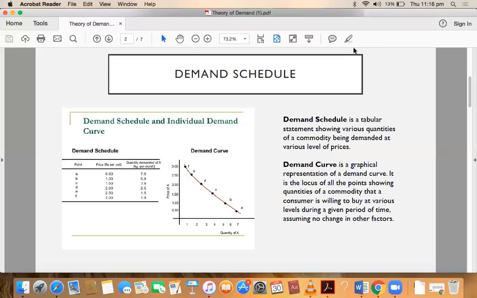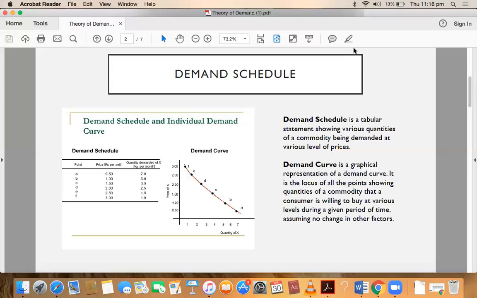And in this way, we will go further and will put the points on the graph. And at the price of rupees 3, the demand of the commodity is 1 unit. Now we will join all these points with a line, and that will be a demand curve. That will be a demand curve.